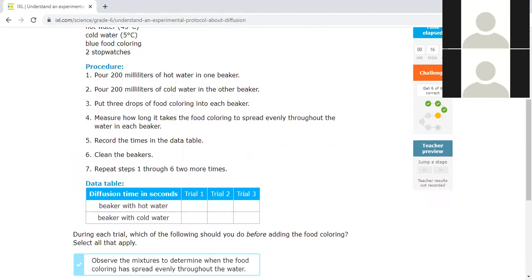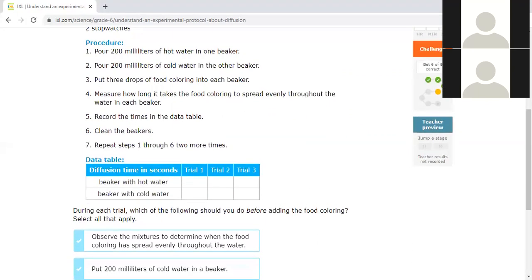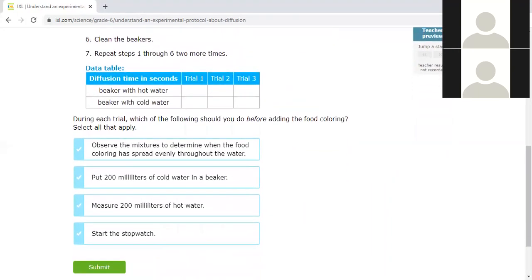Do you see step 2 and 1? All right, which ones happened before? Observe the mixtures to determine the food coloring has spread evenly. Put 200 milliliters in cold water. Measure 200 milliliters of hot water. Start the stopwatch.